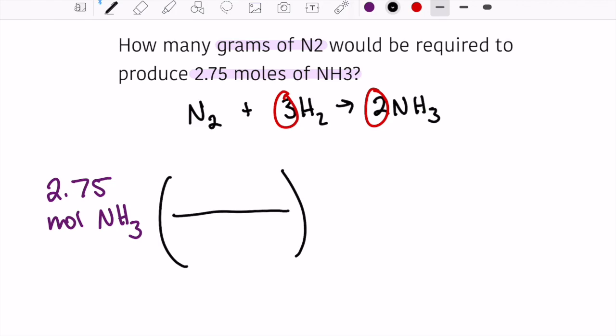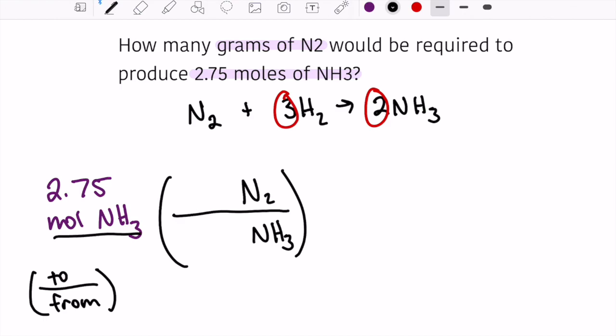So what you're going from goes on the bottom. So we're going from NH3, and what we're going to goes at the top, right? So let me write that out for you. So we're converting from NH3 to N2 because that's what the problem is asking us.